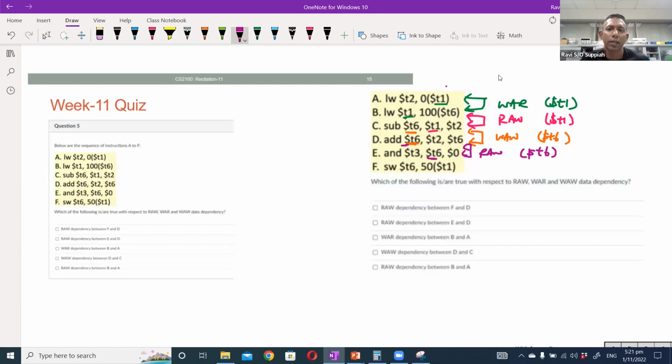So there is no issue over here. Okay, it's a write after read. Yeah, correct. You are using T6 in the earlier instruction, you're reading from it. And in the instruction T6 when you are writing to the register, so it's a write. So it actually is a write after read, not read after read.